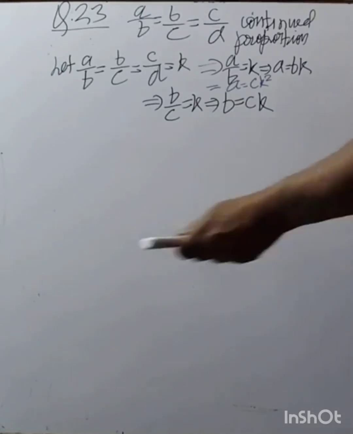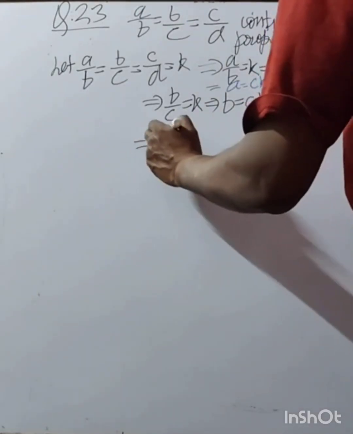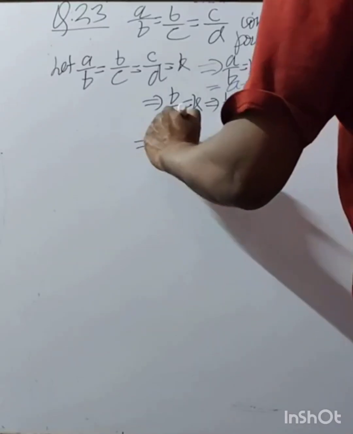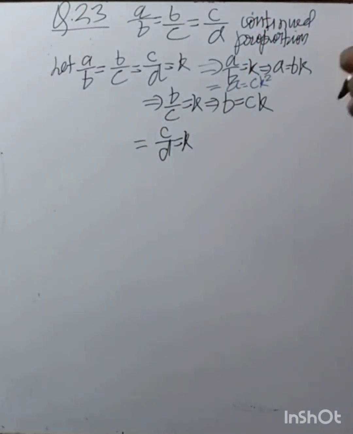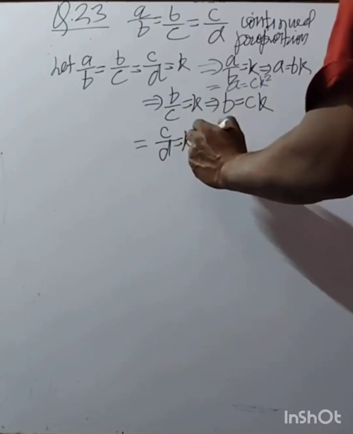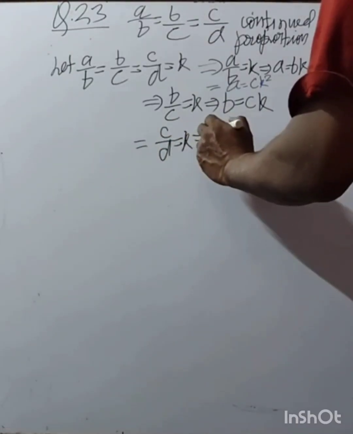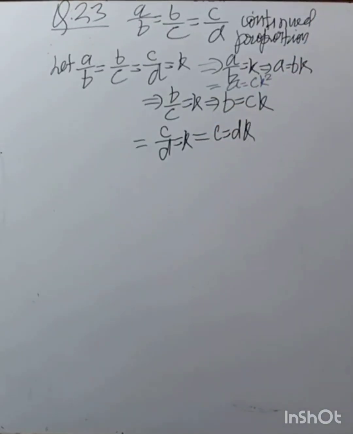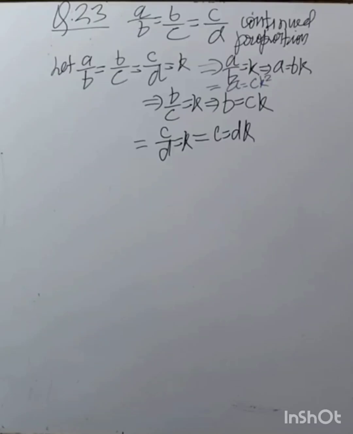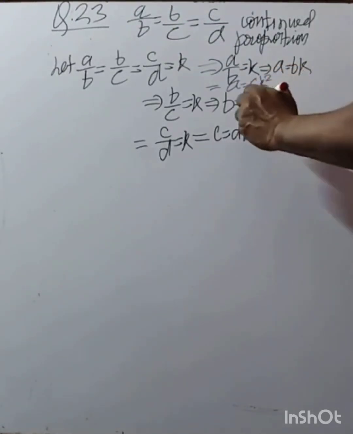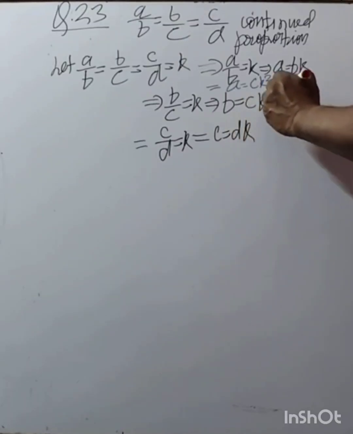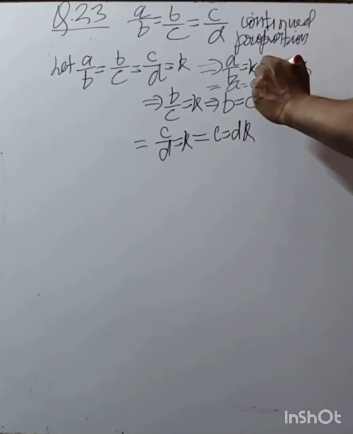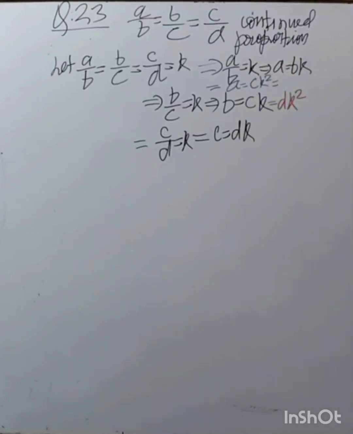Magic. Next is C upon D is equal to K. So we write C is equal to DK. When C is equal to DK, B is equal to DK square, and A is equal to DK cube.